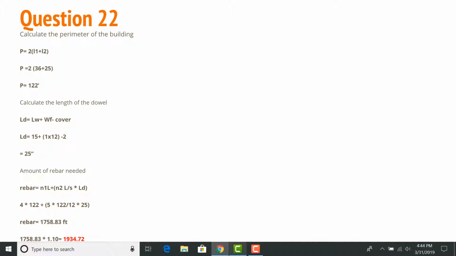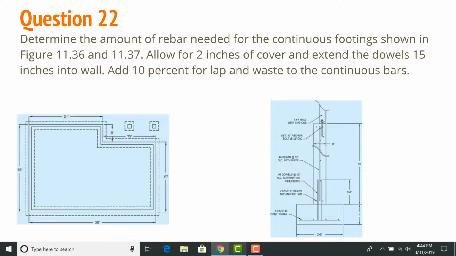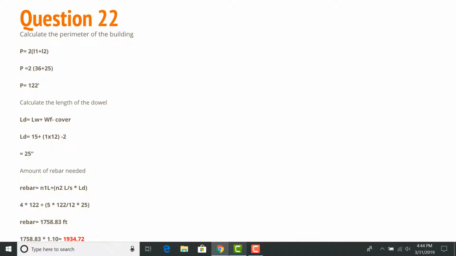So I got 4 times 122, because the rebar that we're dealing with is number 4 rebar, and then add that to the 5 times 122 feet of perimeter divided by 12 times the 25 inches that we got from the length of the dowel, and the rebar is equal to 1,758.83 feet.